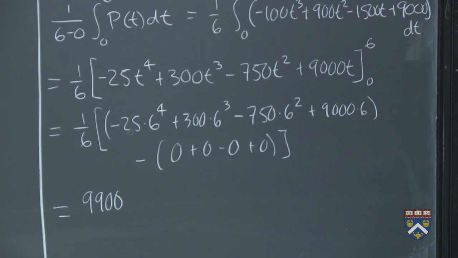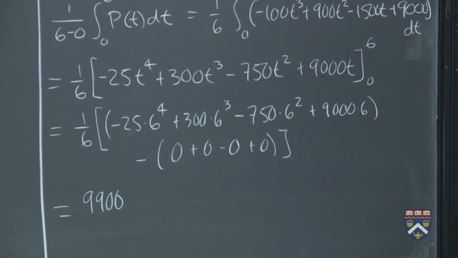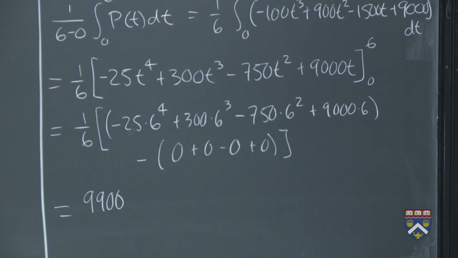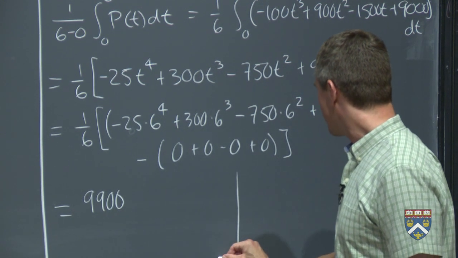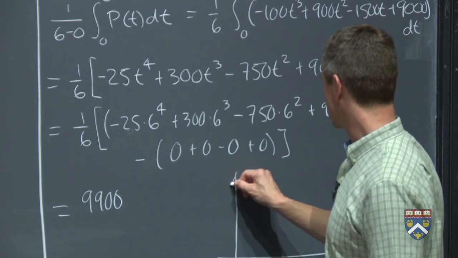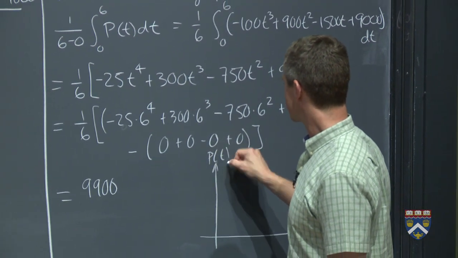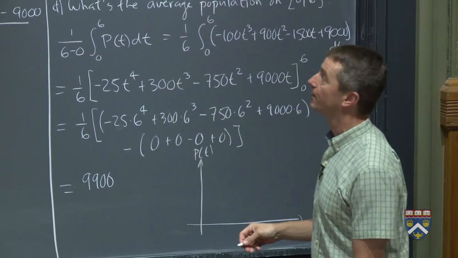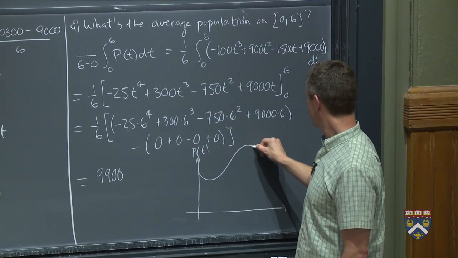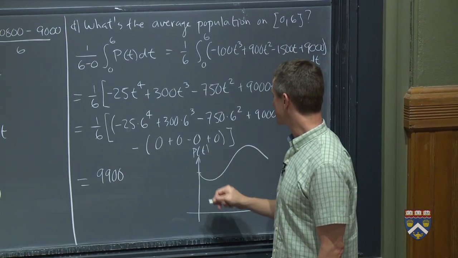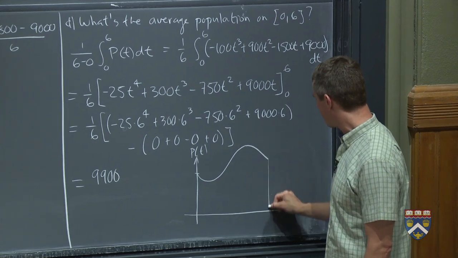Now, what are the units on this? We talked about this again last week when we did average value, but let's do it one more time. We found the area under the p of t function, that was our integral here. And the p of t function looked something like this. It started at 9,000. And we found the area under that.